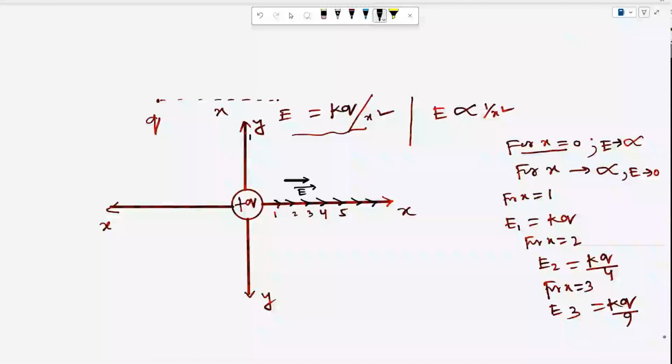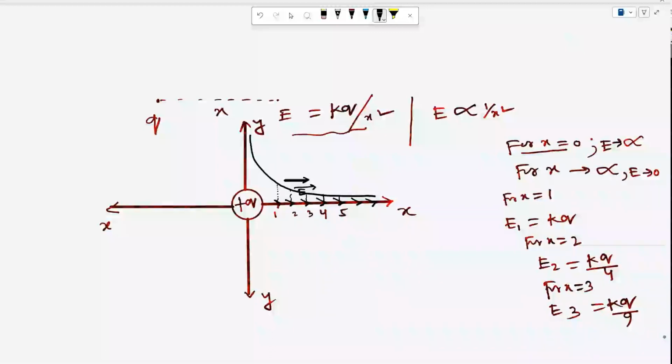So we are starting like this and continuing in this manner. Somewhere at infinity, this will meet the axis. See, here the value is k into q. Here the value is kq by 4. Here the value is kq by 9, kq by 16, 25.